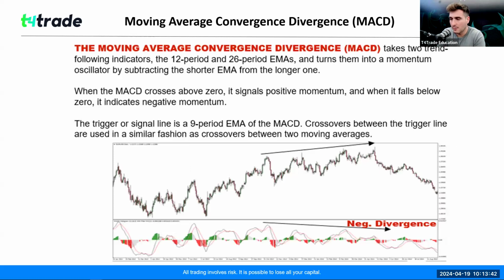Again, mainly because it's an oscillator. It needs its own parameters and its own scale. And the snapshot below visually illustrates one of the key functions of the MACD that we do need to learn and understand and take note of once they arise.